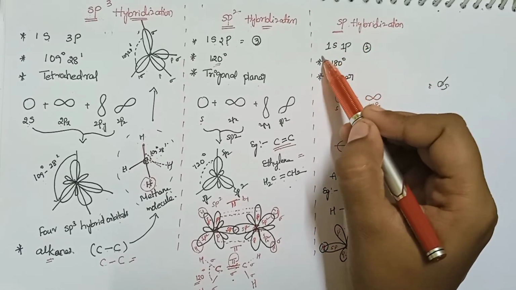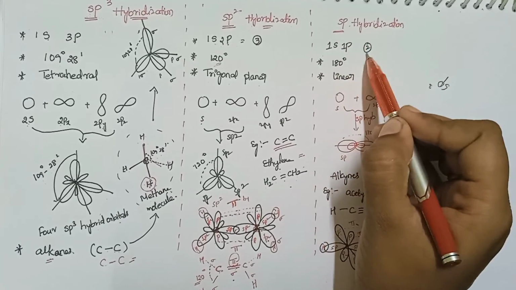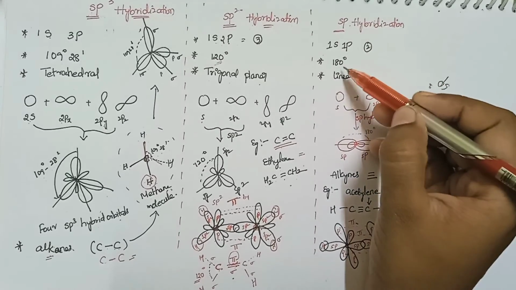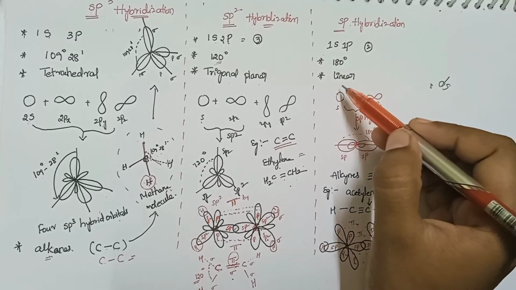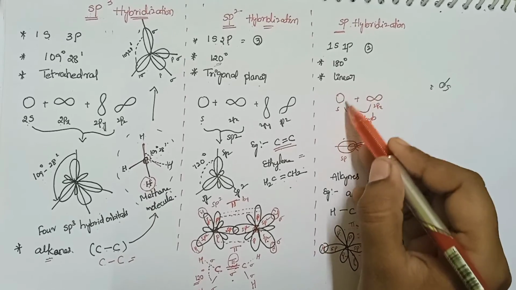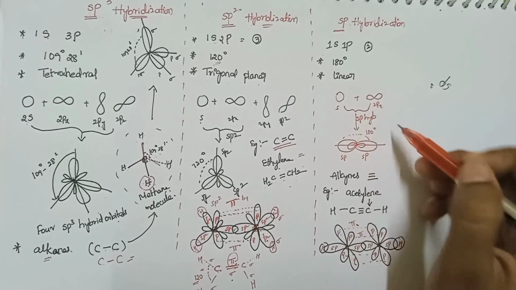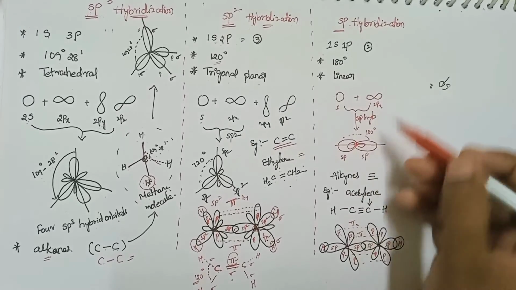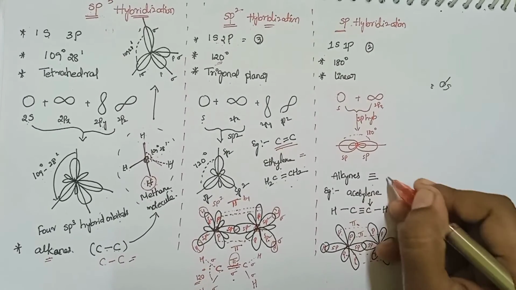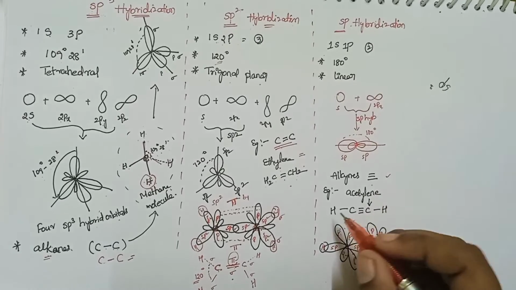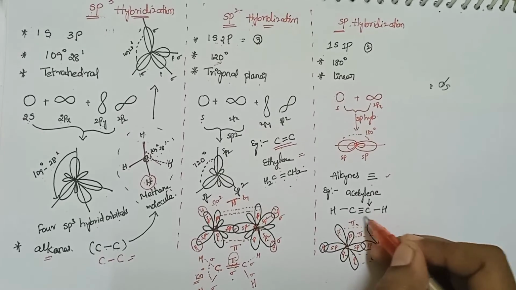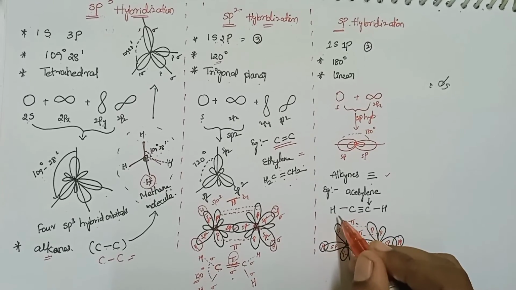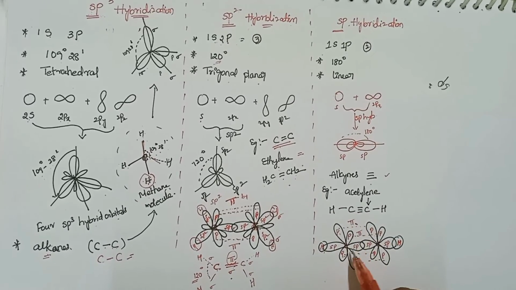Next, sp hybridization. One s orbital and one p orbital form two equivalent sp hybrid orbitals. The bond angle is 180 degrees and the structure is linear. This type of hybridization takes place in alkynes, that means triple bond. Example, acetylene, C triple bond C with H on each end.